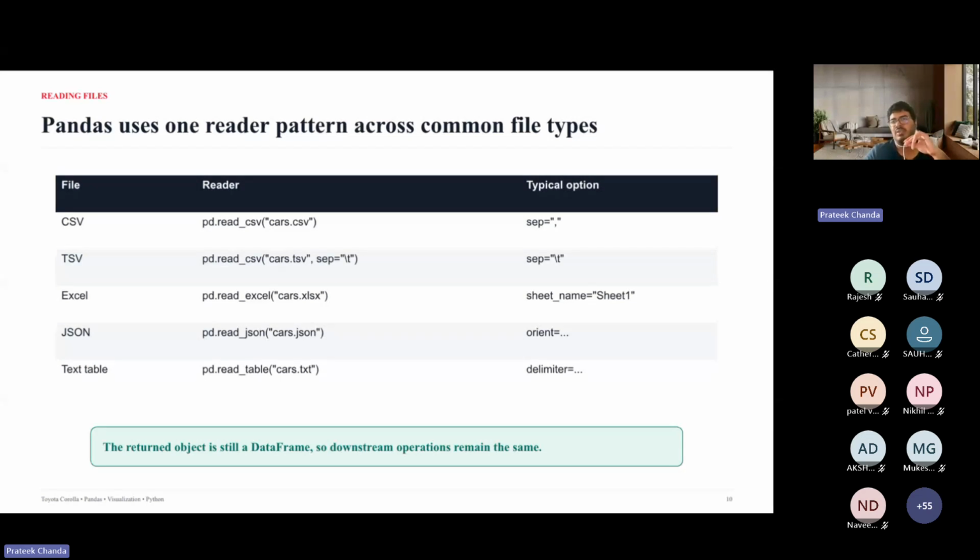So any .txt file which has a table in it, you can read like that. It provides a wide variety of API calls across different file formats. So it's very useful. Even if you don't have a CSV file, you can use any other file format and get the same benefit out of it.